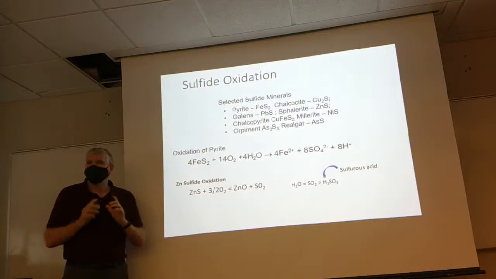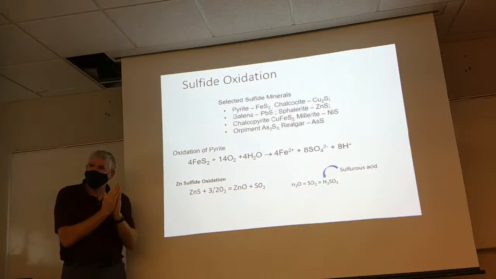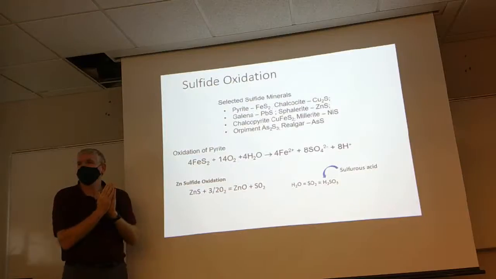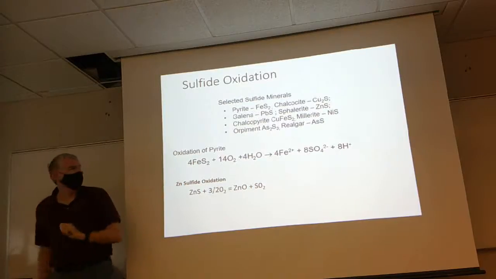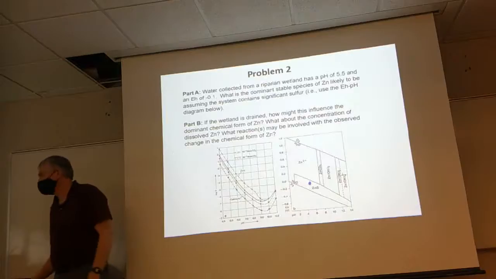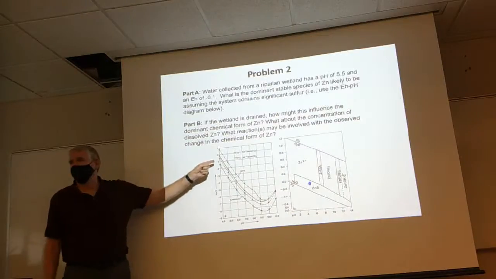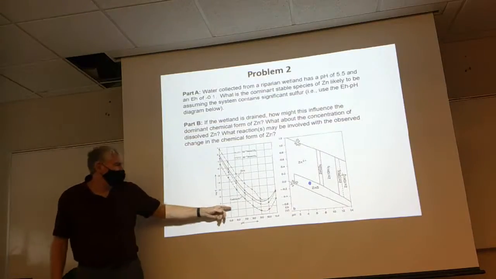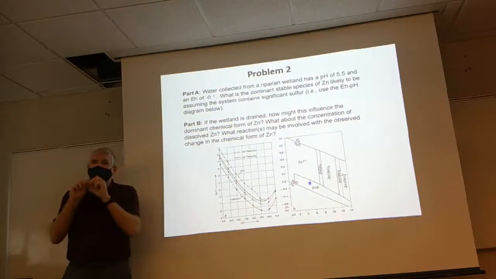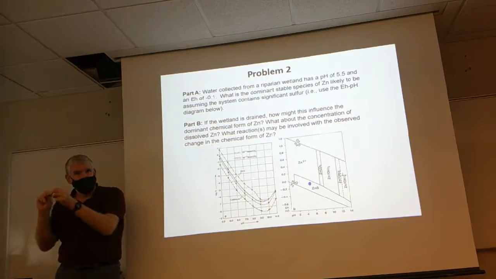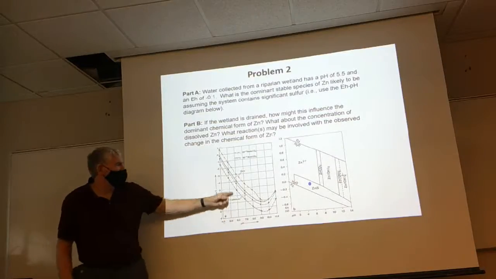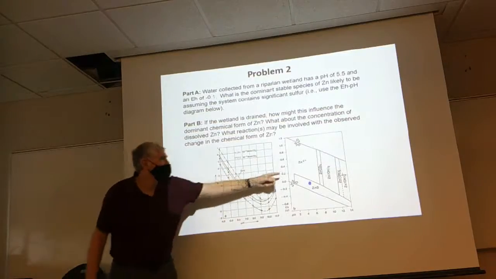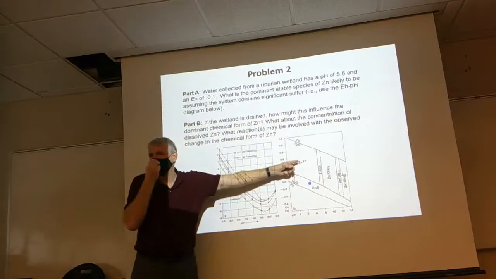Under acid conditions, so when the pH is low, what happens to zinc solubility? It goes up, right? So that zinc oxide, in the presence of acid, which is occurring during an oxidation, we're still going to drive the zinc up in the water column.